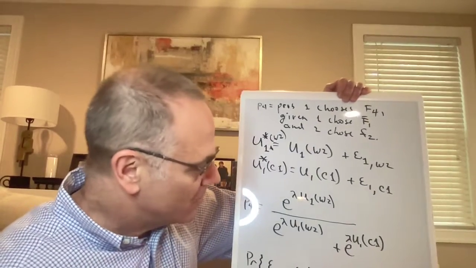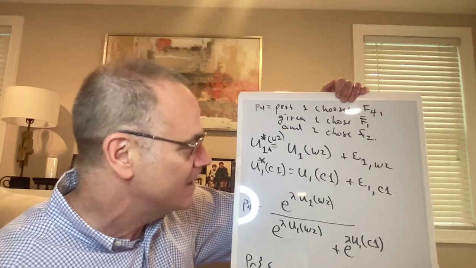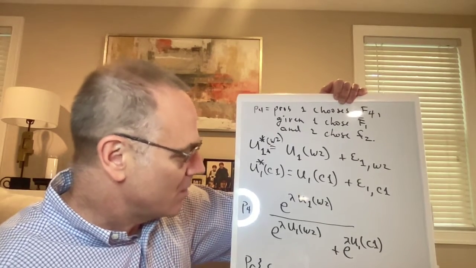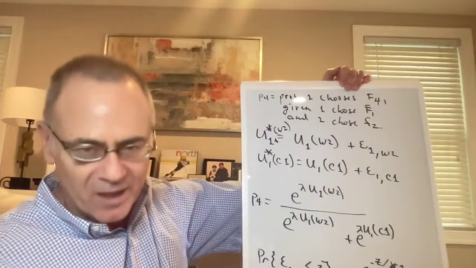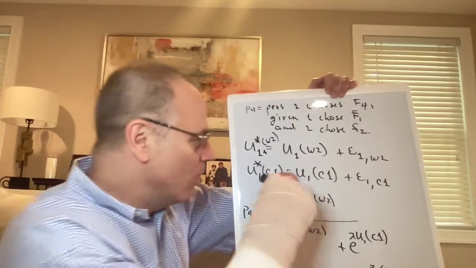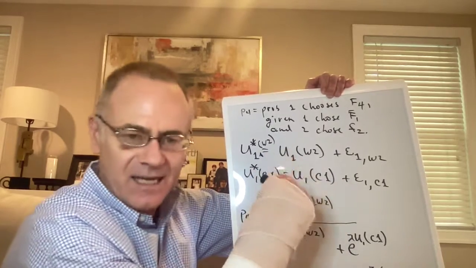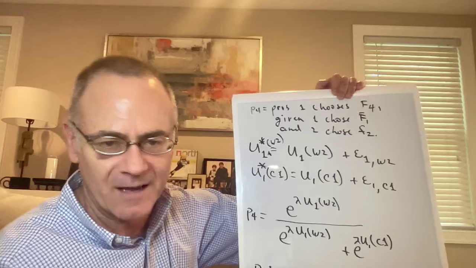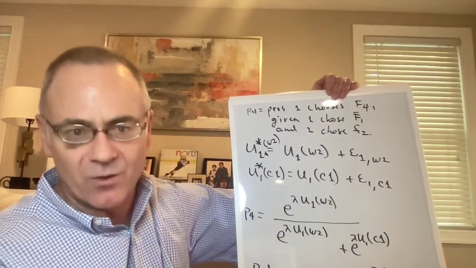Don't get too hung up on this, but the key is that to get this form, there are 2 ways to do it. One is to multiply the scene utility by lambda and assume the error terms are standard Weibull.